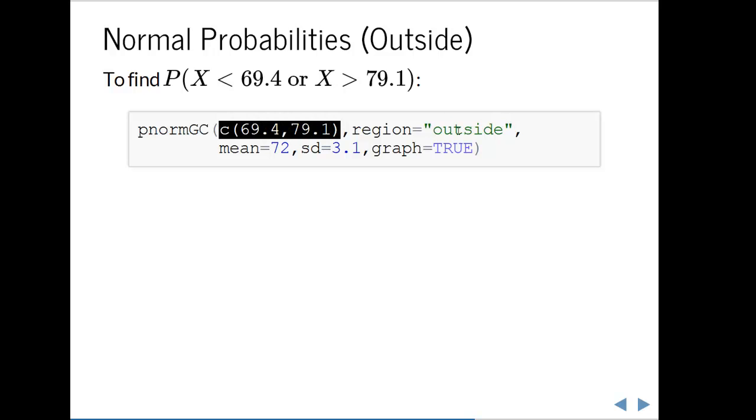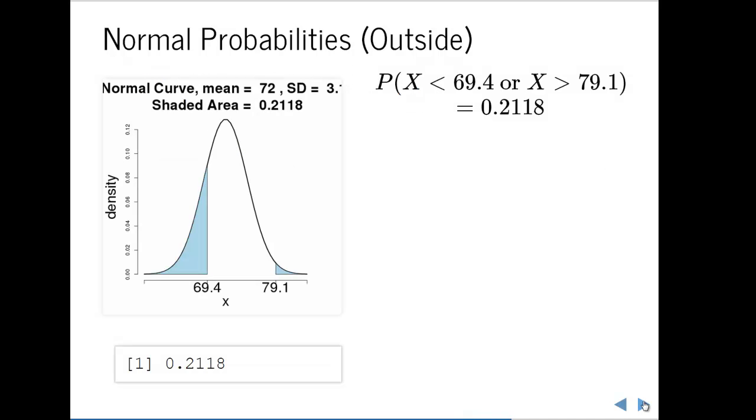And then we're going to set region equal to outside, keeping the appropriate mean and standard deviation, and we get about 21%. You can see here in the graph that we have two regions shaded, one for the probability of being below 69.4 and the other for the probability of being above 79.1. We add these two areas together and that's where we're getting 0.2118.